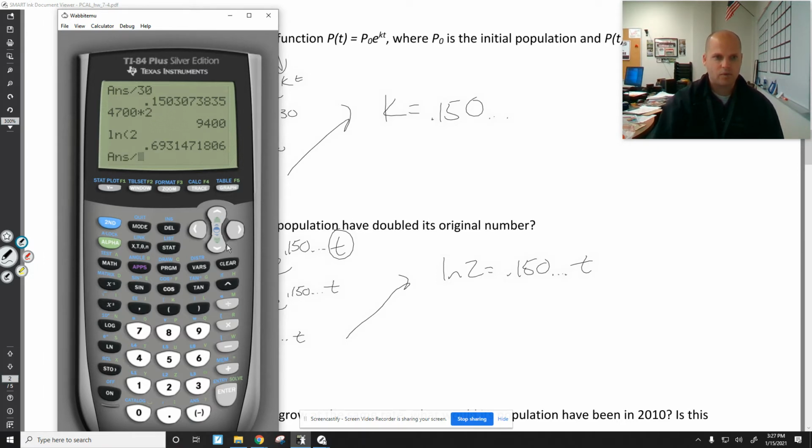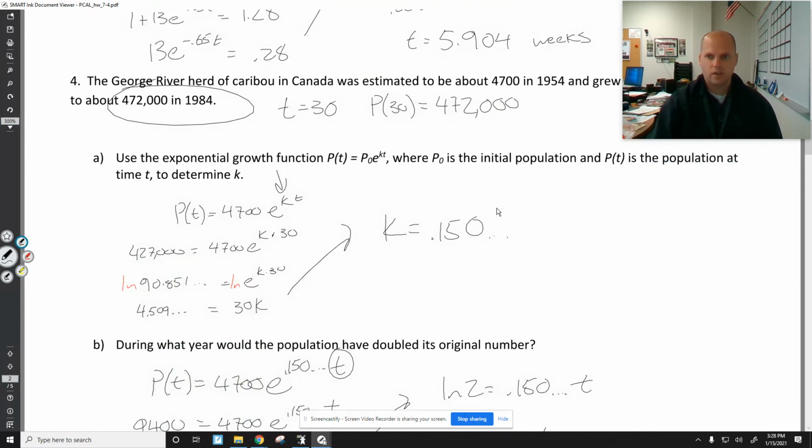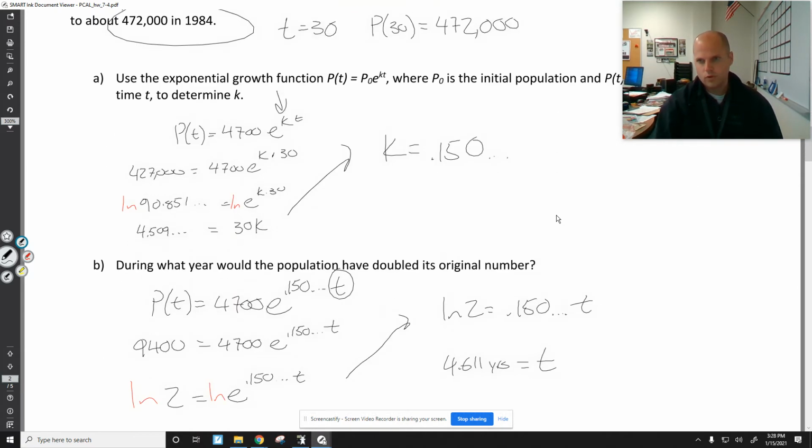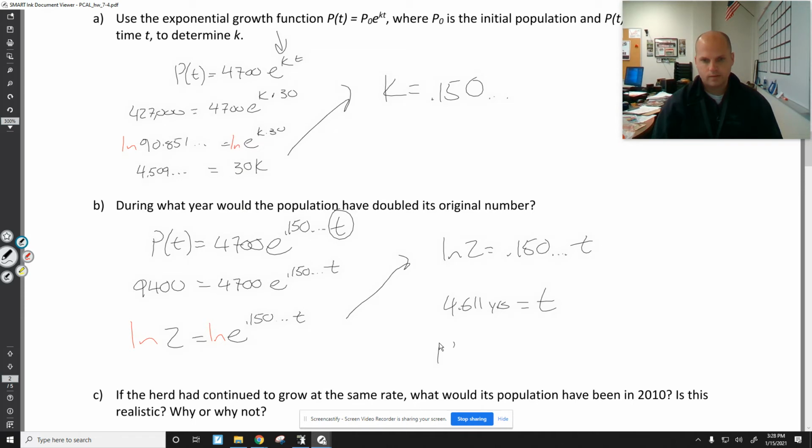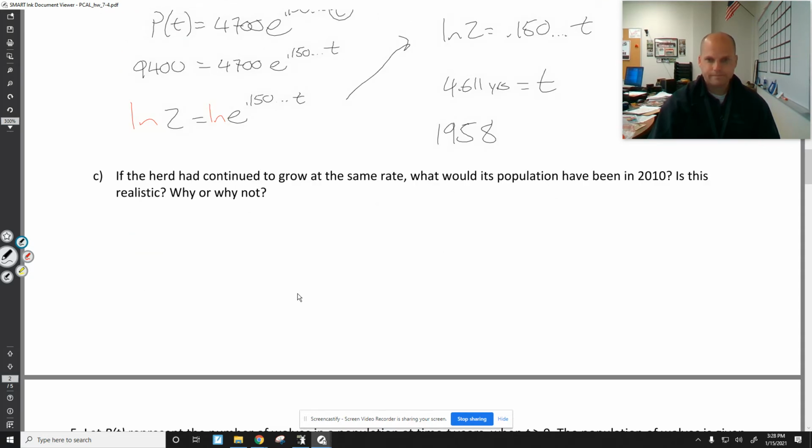So I'm going to take that number, divide it by this 0.150 exponential growth constant. And I get, after 4 years, so if we started in 54, we're talking about 58. We've already doubled. Man, that's a lot of caribou meat.